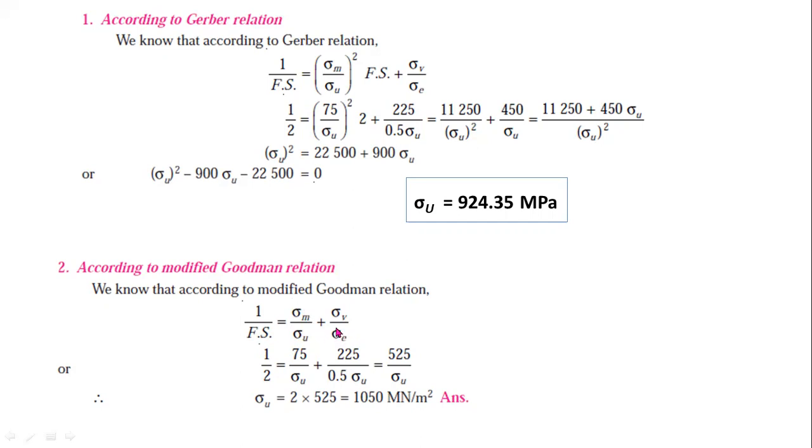Sigma e is the endurance limit equal to 0.5 times the ultimate stress. Substitute the values of sigma m and sigma v, and from this equation you get sigma u equal to 1050 megapascal by using Goodman's equation.